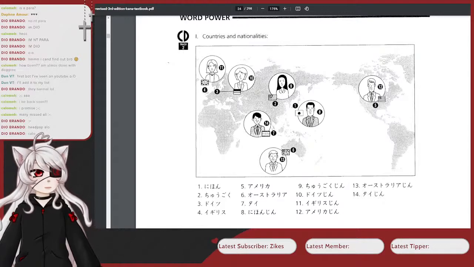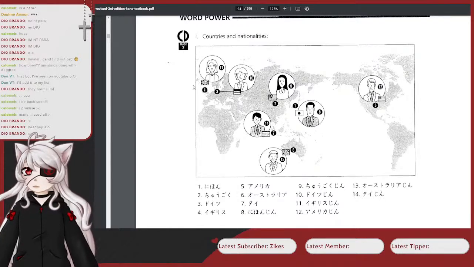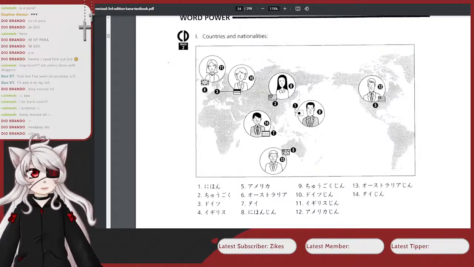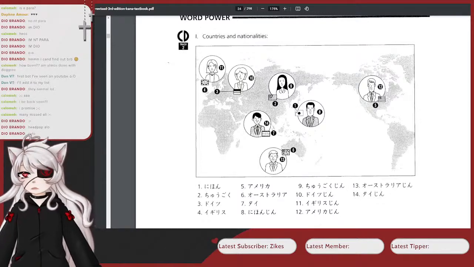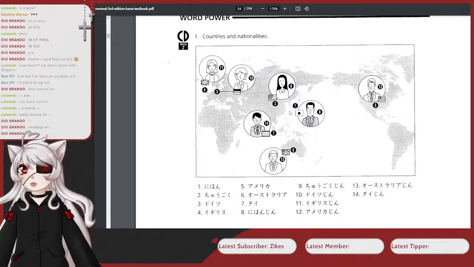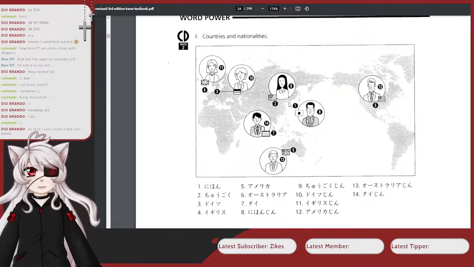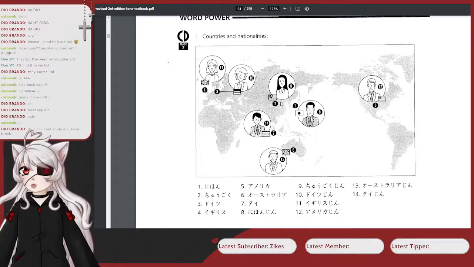Alright. So, this is not the greatest scanning job in the universe. Nice, I can study a bit over break. Or I can study.